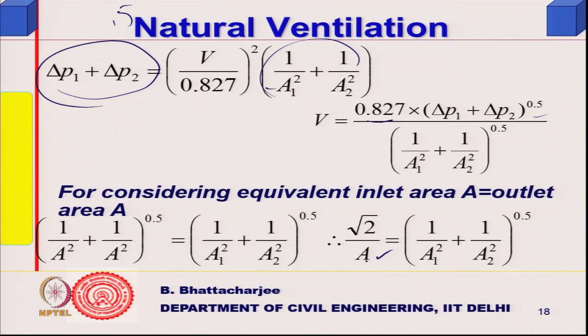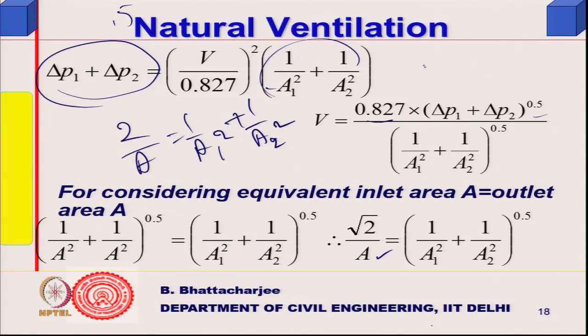In this case, 1 by A equivalent squared is equal to 1 by A1 squared plus 1 by A2 squared. In other words, if I square up both sides, I will get 2 by A squared is equal to 1 by A1 squared plus 1 by A2 squared.